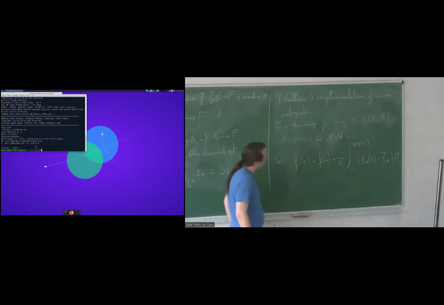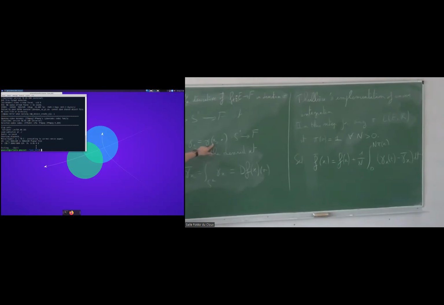So this formula, I claim that if you use your family of loops gamma sub x, so again x is a point in the source space E, and gamma sub x is simply I fix the first input here to be x, then you can write a very simple formula involving this integral.